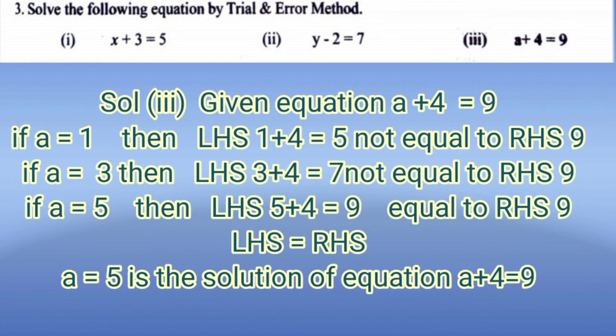If a equal to 3, then LHS 3 plus 4 equal to 7, that is also not equal to RHS 9. If a equal to 5, then LHS 5 plus 4 equal to 9, that is equal to RHS 9. That implies LHS equal to RHS. Therefore, a equal to 5 is the solution of the equation a plus 4 equal to 9.